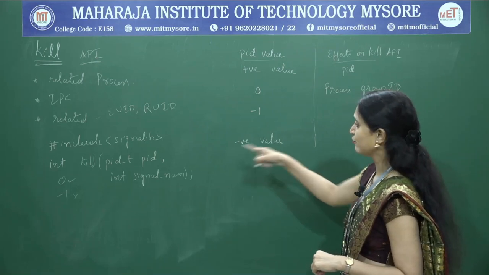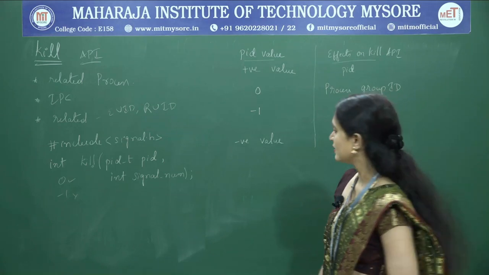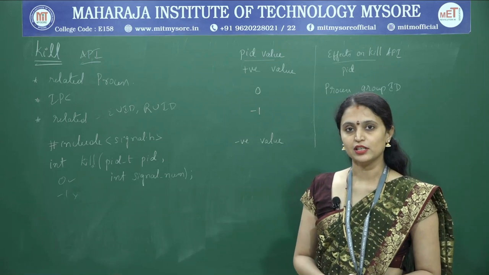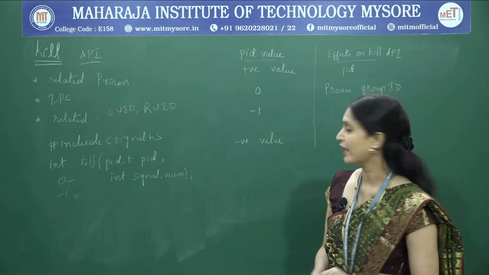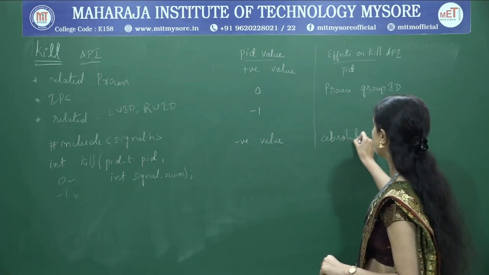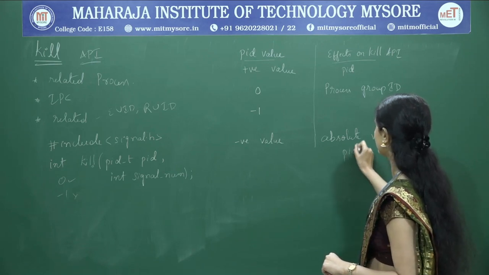In this case, if the PID has some negative value, the signal num will be sent to all the processes whose process group ID is the same as the absolute value of PID. Okay, absolute means the positive value of the PID.